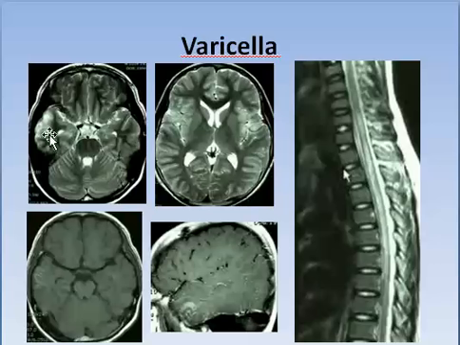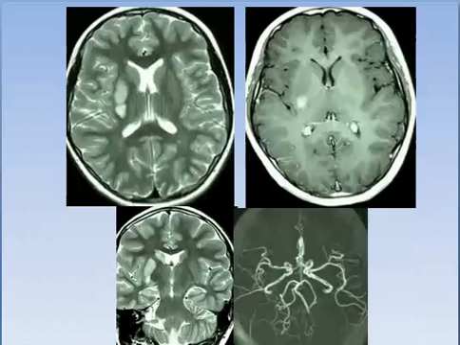These are the temporal lobes in varicella, herpes zoster, temporal lobe involvement, cord involvement, infarcted cord, transverse myelitis, patches of involvement of the basal ganglia, and angiitis.